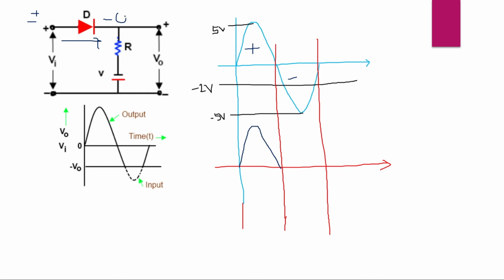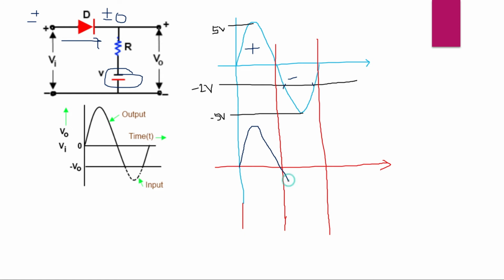Across the diode, the output is zero because it is in reverse bias mode. But whatever the 2 volts is, that will be our output up to this point.